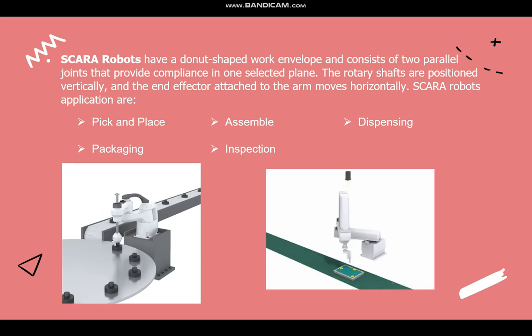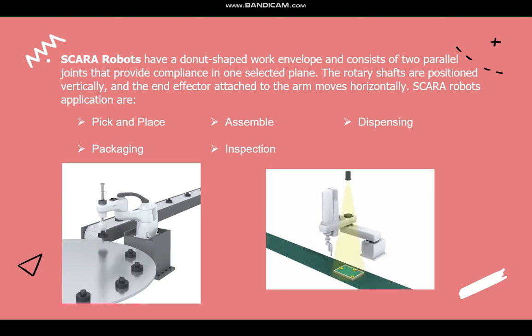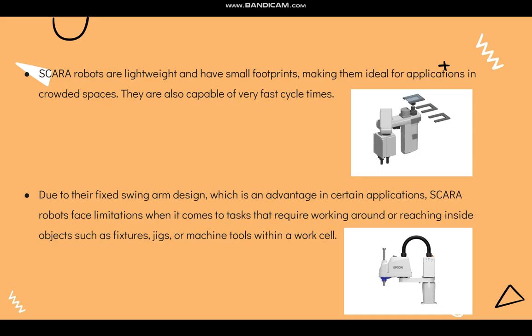SCARA robots' applications are pick and place, packaging, assembly and inspection, and dispensing. SCARA robots are lightweight and have small footprints, making them ideal for applications in crowded spaces. They are also capable of very fast cycle times.